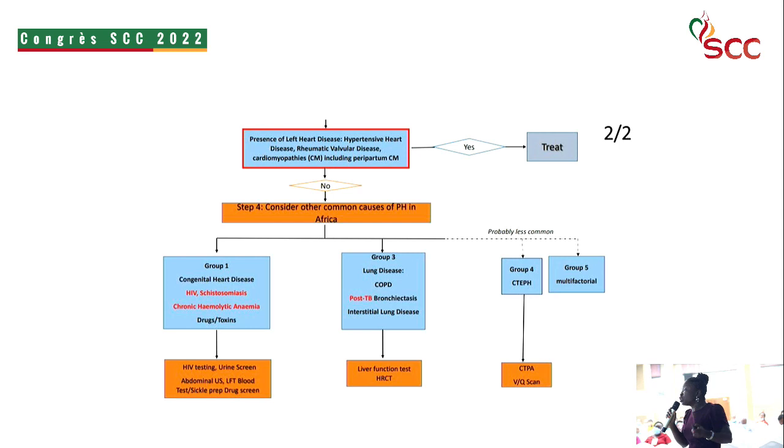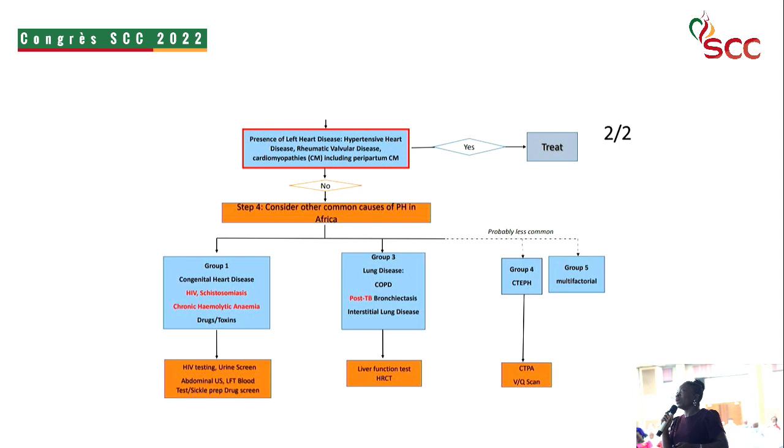If it does not show left heart disease, and chest X-ray and other exams do not show lung disease, then consider common causes of pulmonary arterial hypertension in Africa, which could be HIV, sickle cell disease, and others.